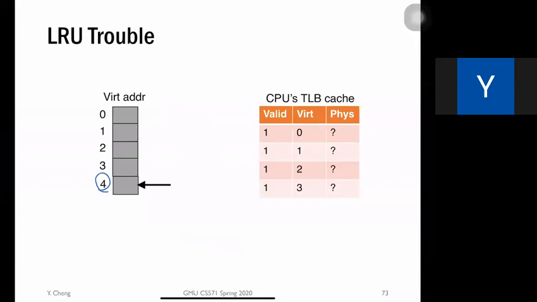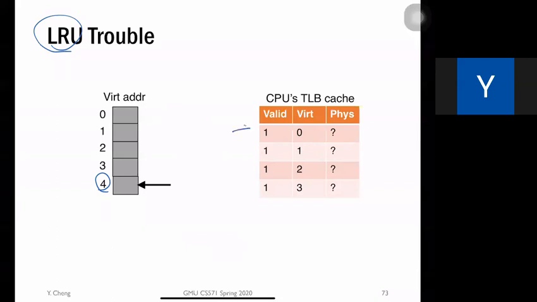So what would happen in this case to the TLB cache? Because right now the TLB cache is already full. Let's assume it uses LRU as a cache eviction policy. Since it's full, it uses LRU. So what is the least recently used item across all the content currently buffered within the TLB cache?